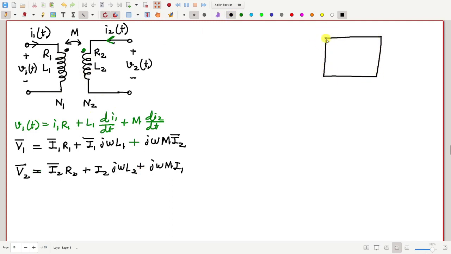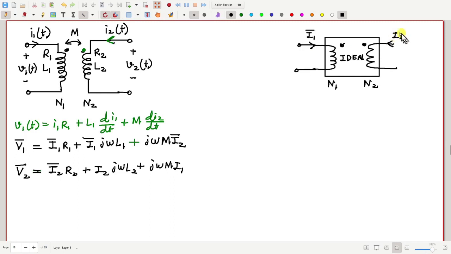Okay. Now, this is a transformer, but when we talk about an ideal transformer, suppose I have an ideal transformer with the same turns ratio N1 is to N2, and these are the dots, this is an ideal one, and suppose here is the current I1, here is the current I2, and here is the voltage V2 plus minus, V1 plus minus.